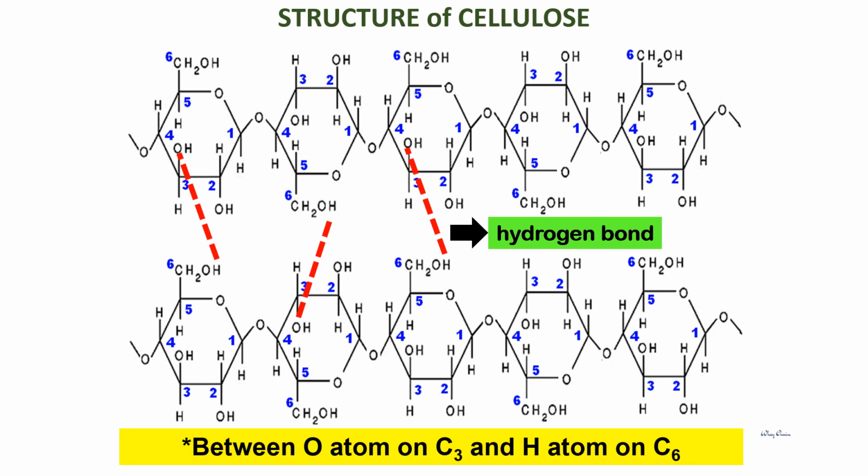So sama juga untuk sugar yang seterusnya. Di sini, the H atom of carbon number 6 will form a hydrogen bond with the O of the OH of carbon number 3. Okay, dan semua akan berlaku sama untuk sugar-sugar yang seterusnya.